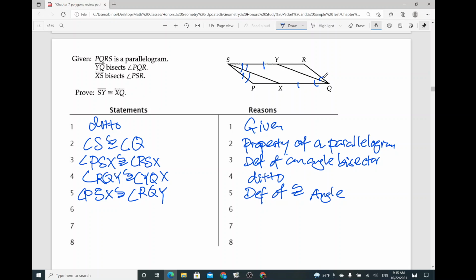We just showed that those two angles are congruent to each other. Another thing we can state: SP is congruent to RQ, also using the properties of the parallelogram.